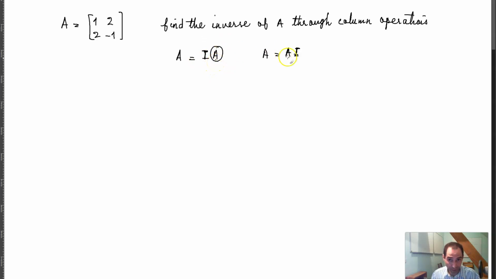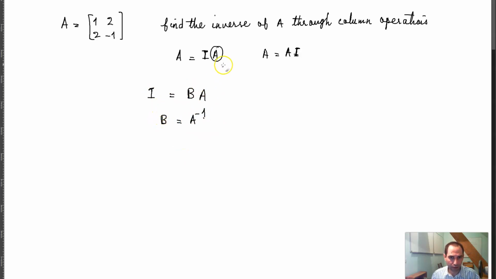I want to get this equation in such a way that I have my A on this side, and A is multiplied by some matrix, for example B, and that gives me some matrix I, and then from that I can conclude that B is the inverse of A, right?